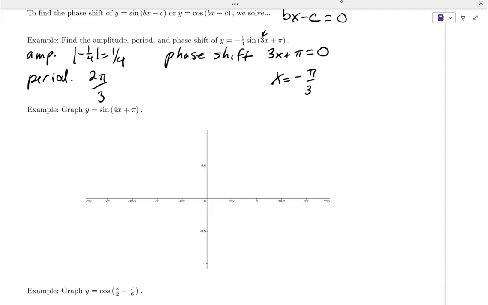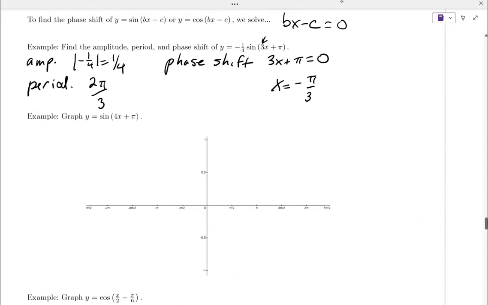All right. So let's see if we can do one where we graph. Notice this one's got a couple of different transformations. This 4 changes the period, and then we got a plus pi in there, so it's going to change the phase shift. Right? Let's start with our original graph for sine. Sine again starts at the origin.